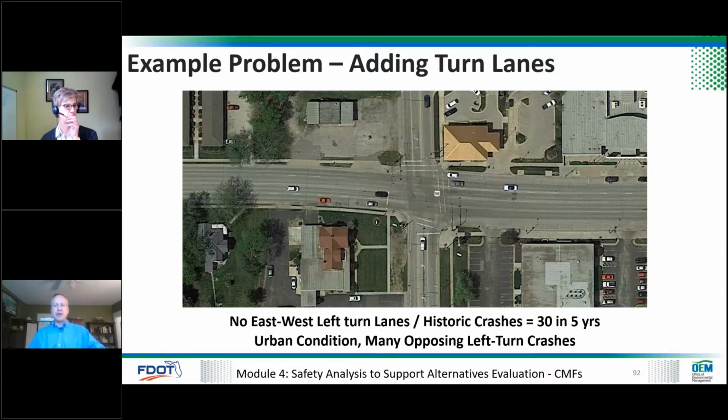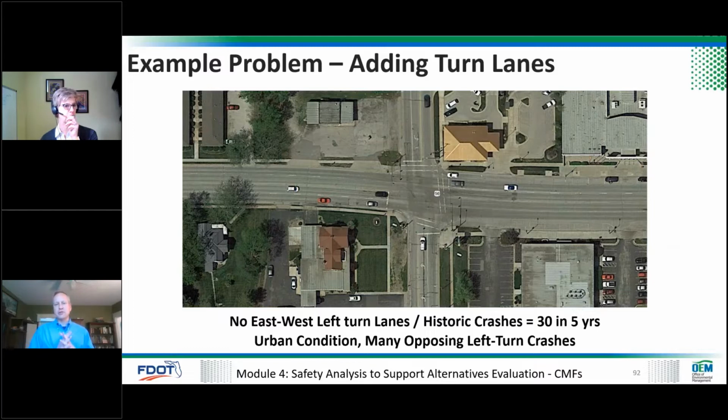And we've got a 4-lane undivided roadway here at the kind of center of a community, and there, so no east-west left turn lanes, and at the bottom of the screen there, 30 crashes in the last 5 years, urban, and many were opposing left turn crashes.